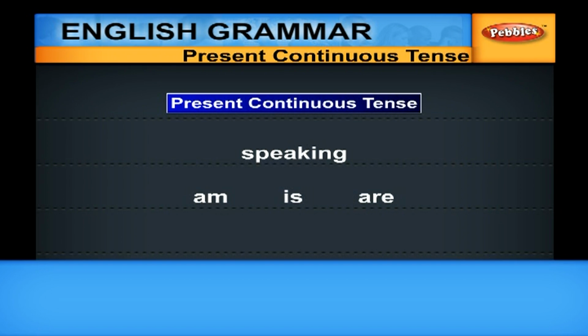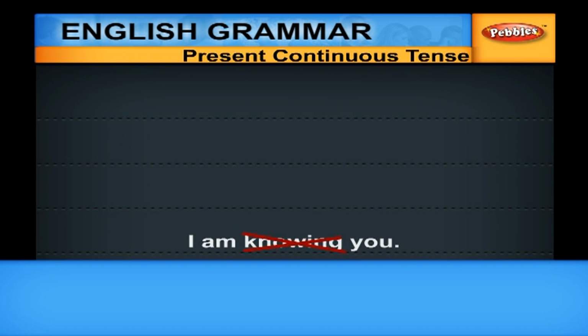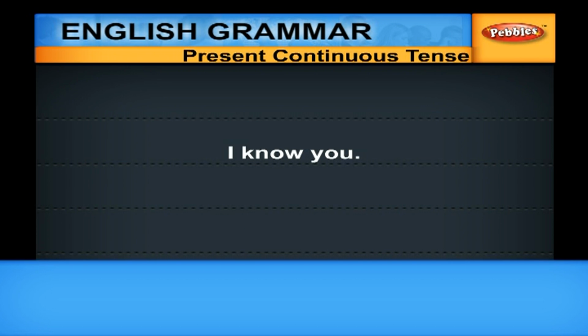But remember that there are certain verbs which cannot be used in continuous form. It is incorrect to say, I am knowing you. It must be, I know you. It is incorrect to say, I am remembering you. It must be, I remember you. It is incorrect to say, I am understanding.